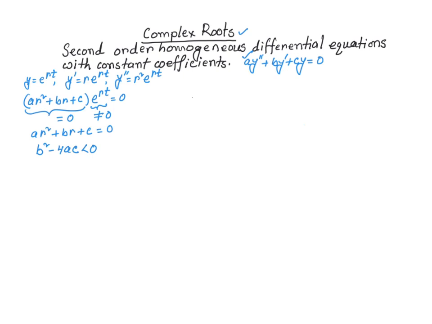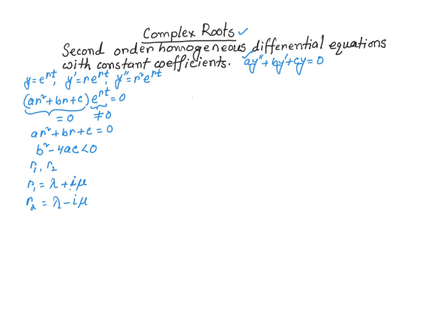So we'll have two roots. Let's call them r1 and r2. They are complex conjugates, so r1 is equal to, let's call it, lambda plus i mu, and r2 is going to be lambda minus i mu. So these are complex conjugates.